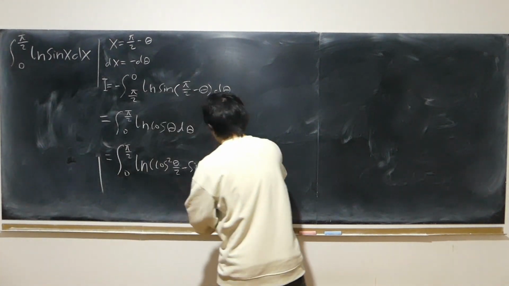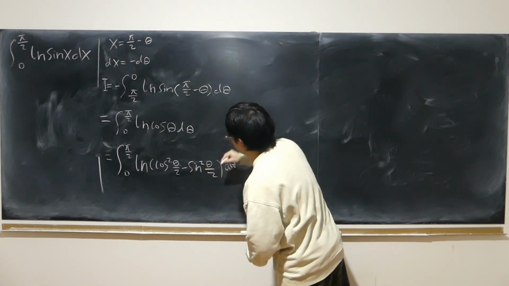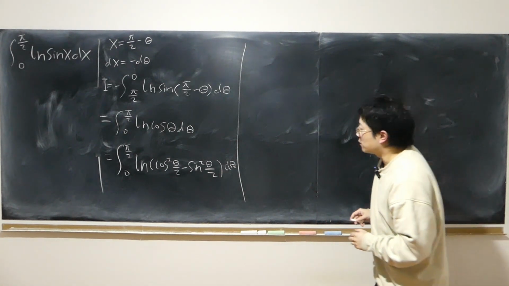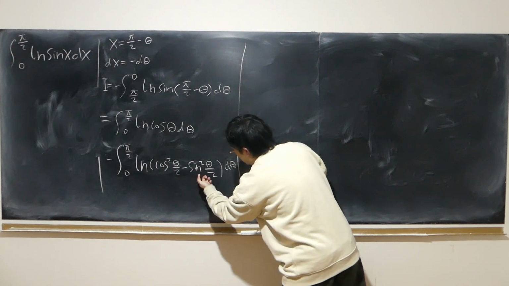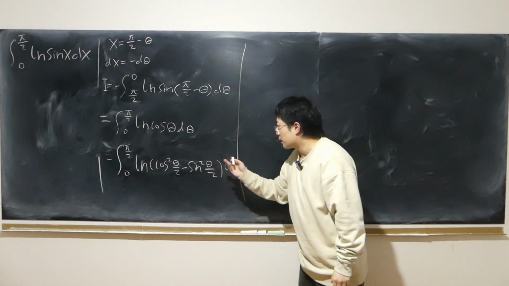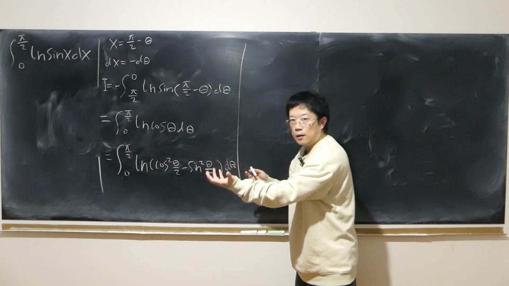Right, this is the double angle formula for cosine. Now, somehow this is a difference of perfect squares. Cosine plus sine times cosine minus sine. Right? We have a product inside log, so we break the log apart into a sum of logs.